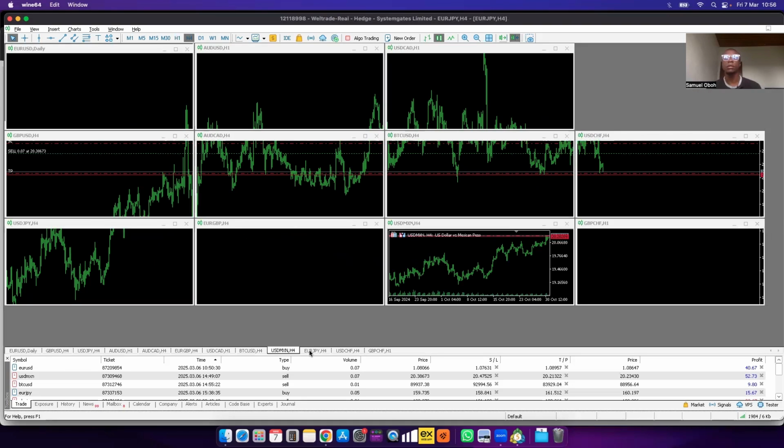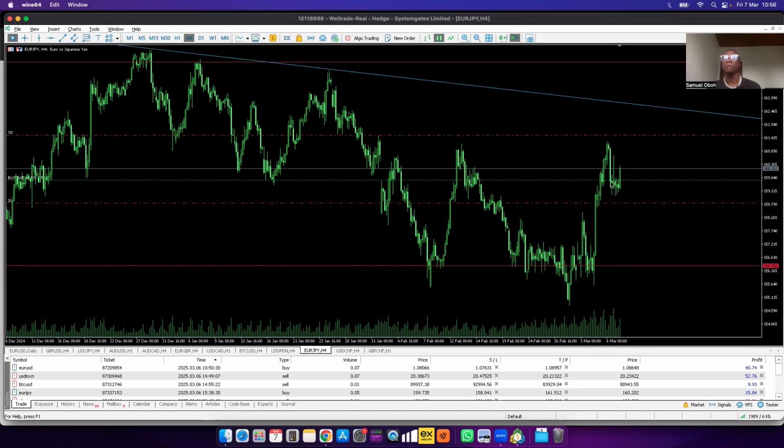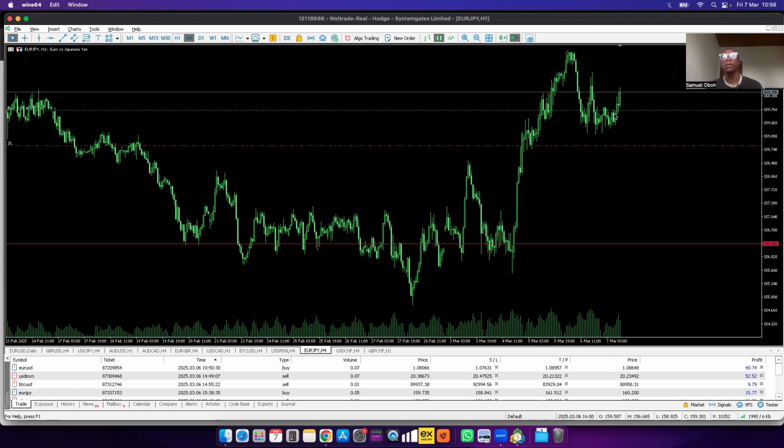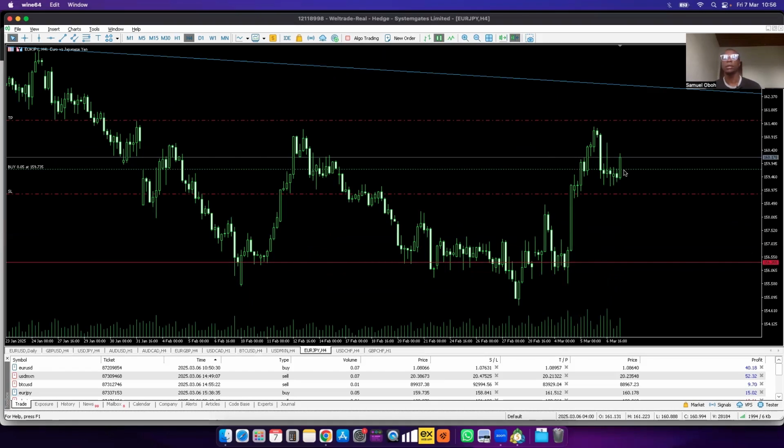If I look at the Euro Japanese yen, I took a buy here. Let me zoom in so you can see clearly. Took a buy here. Let me go to the 4 hour, sorry, so you see. So yeah, I bought here.